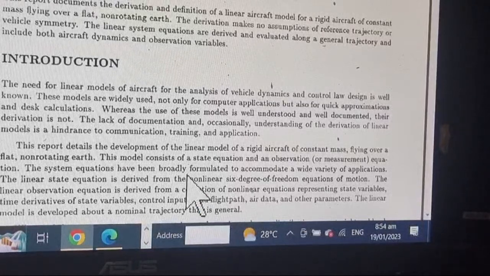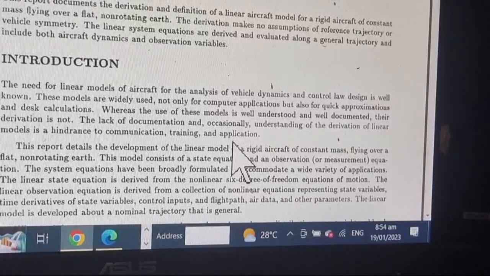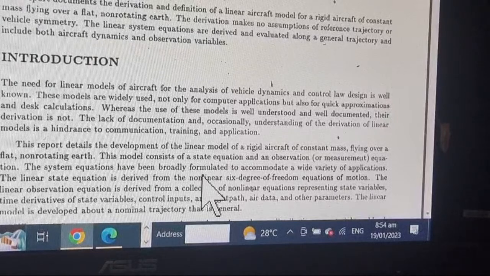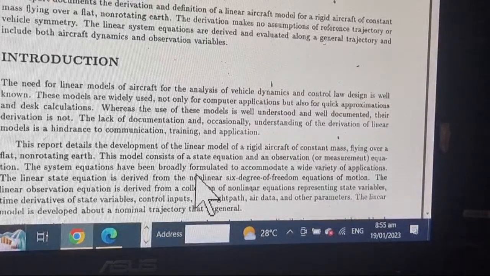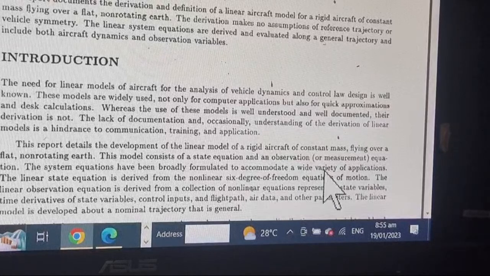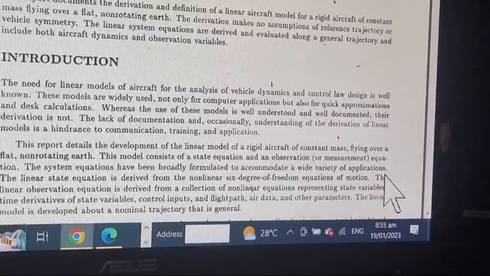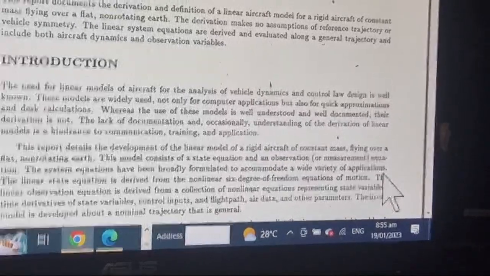The linear model is developed about a nominal trajectory that is general. You people have to know about flight dynamics in order to understand what they're talking about. Most of you people do not. But this is a direct quote from NASA, this sentence right here, from non-linear six degree of freedom equations of motion. Now, I'll explain that to you in brief.